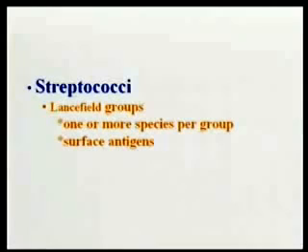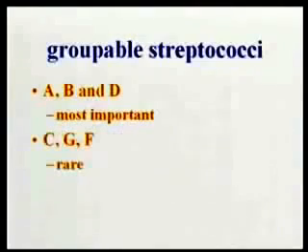We don't always say groupable polysaccharides or groupable carbohydrates. We just say the group antigens, and they are generally polysaccharides. They're pretty well always polysaccharides. Some of the other things we do with M proteins to type strains are not polysaccharides, they are proteins.